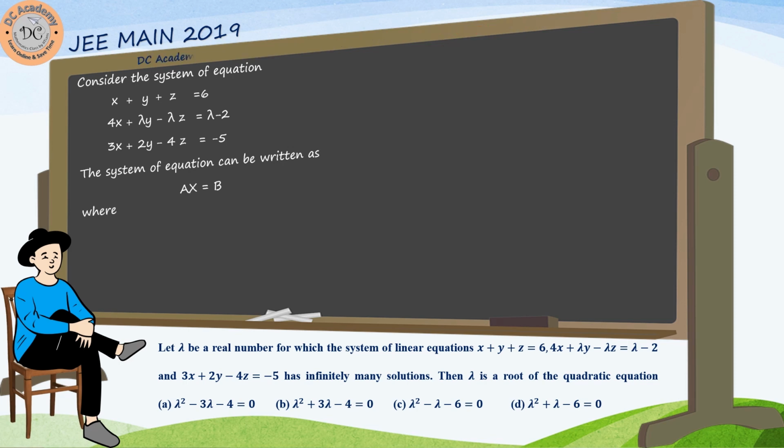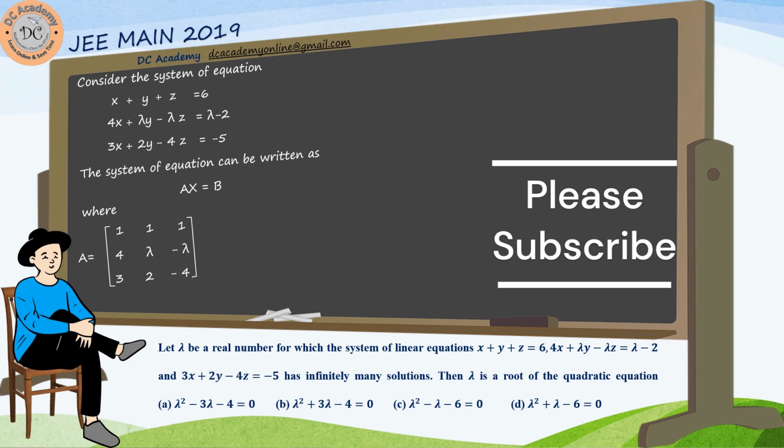Here the matrix A contains all of the coefficients. For the first equation, it is all 1. For the second equation, it's 4, lambda and minus lambda. And for the third equation, it will be 3, 2 and minus 4. Now, what about X?